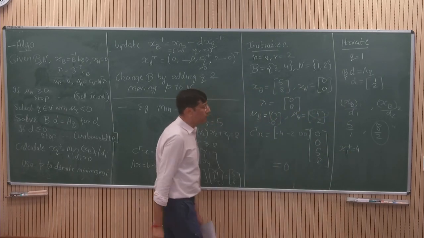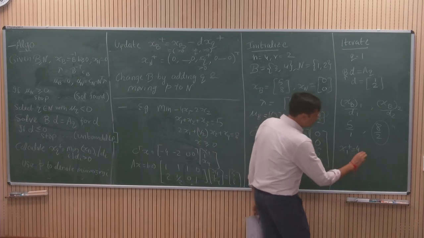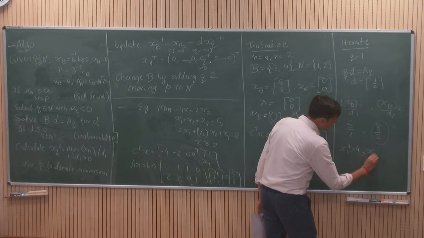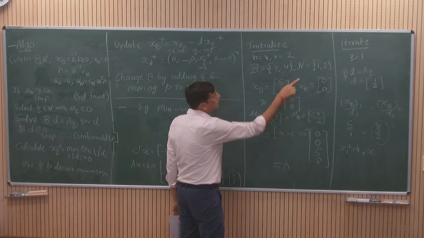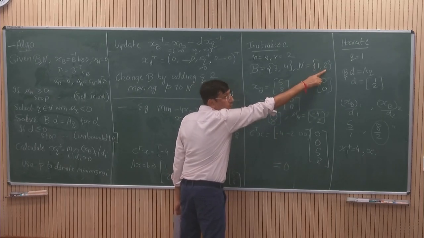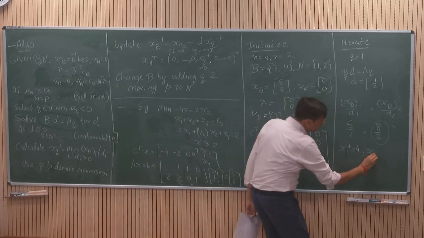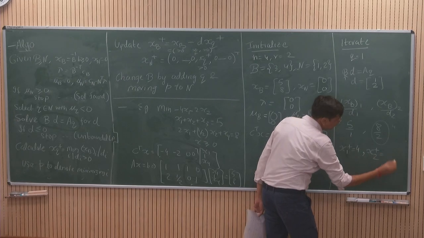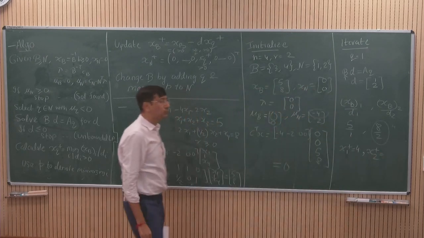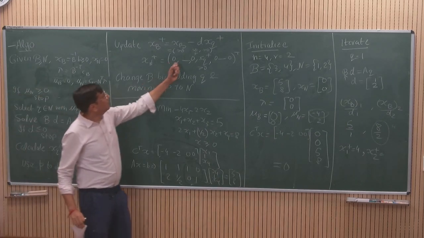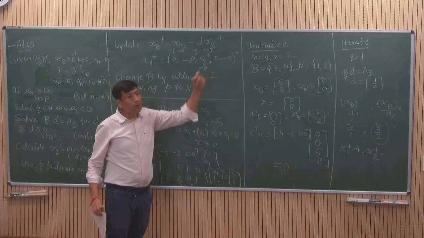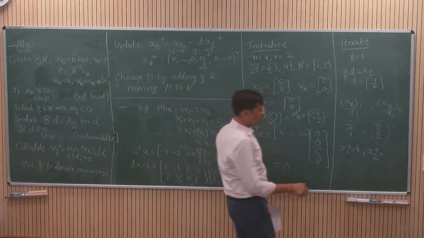Okay, just to remember. What else was there in the N set? N contains another element 2. So X2 plus is zero. You are enforcing it, right? All the others are 0.